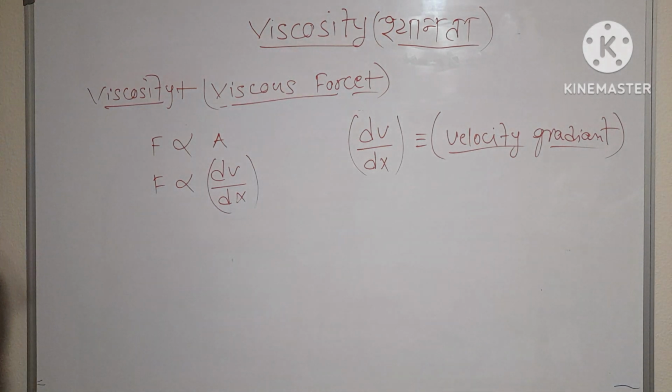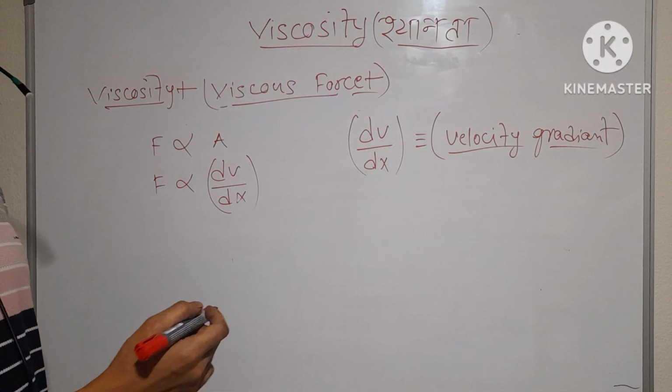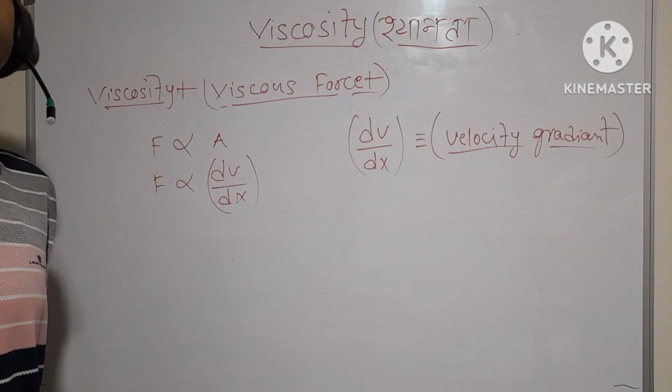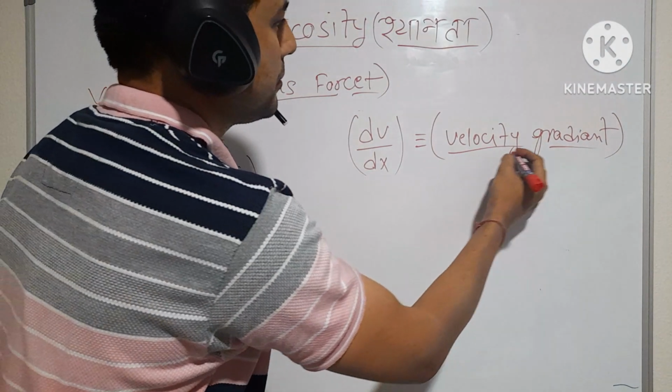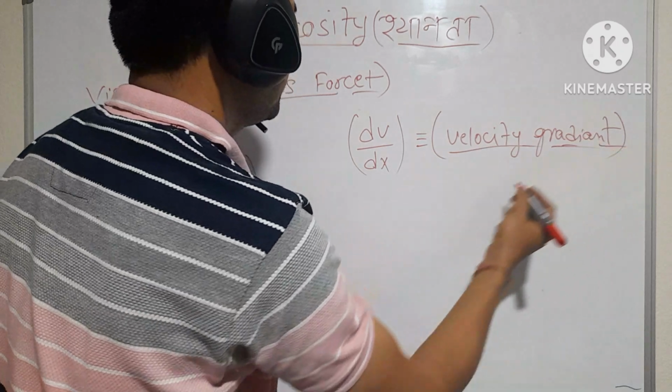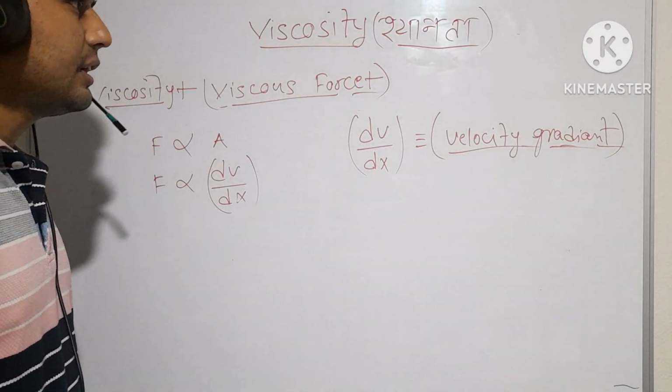Velocity gradient is the speed at which the liquid is moving. It shows the speed of liquid movement.